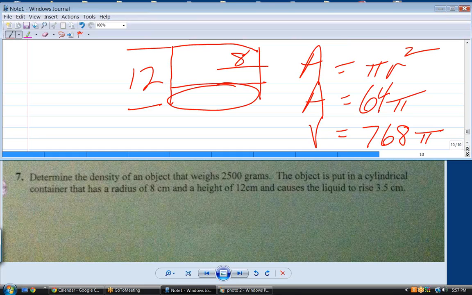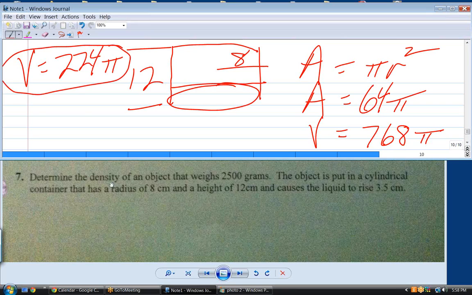That would be 64 pi times 3.5. That's 224 pi. Okay, so 224 pi is the amount of volume that that object displaces.